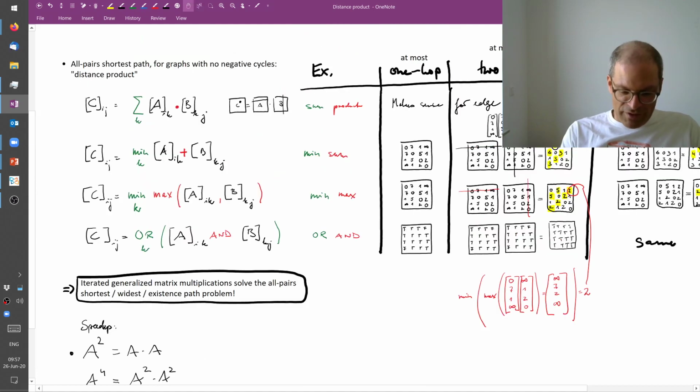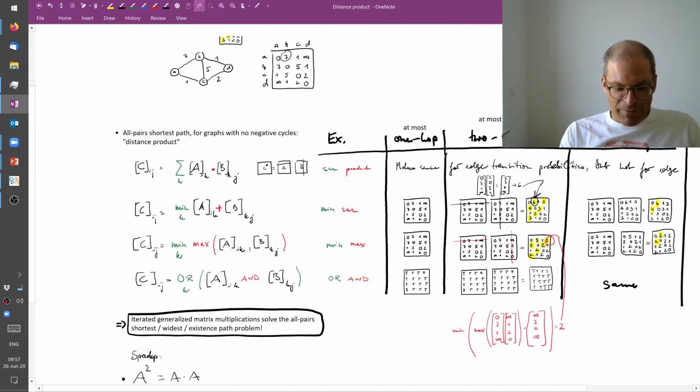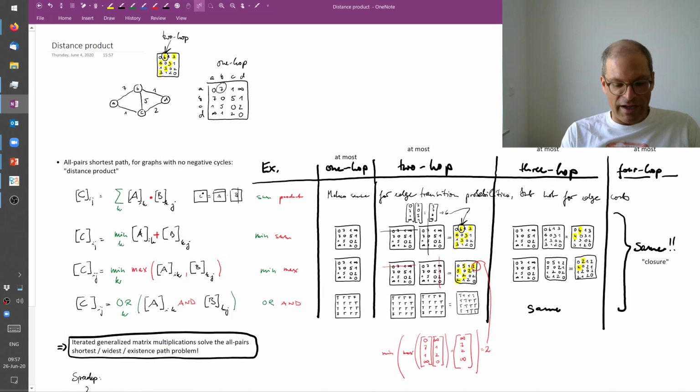Okay, but what's the big picture? Big picture is that we have found all kinds of interesting distances. The standard shortest path distance, the minimax path distance, or the existence of paths. And I have not shown it, but you can do this for yet further definitions of what a short path is. So this all pairs shortest path problem can be formulated in terms of generalized matrix products.